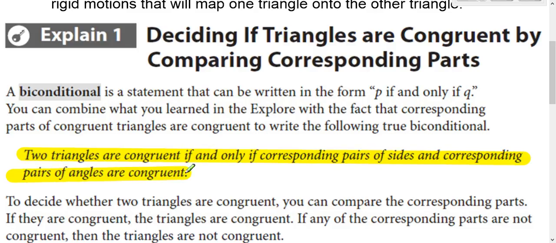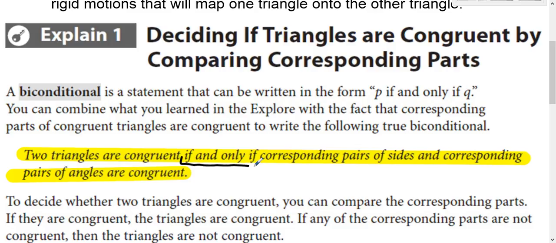Two triangles are congruent if and only if corresponding pairs of sides and corresponding pairs of angles are congruent. All three sides are congruent to all three sides of the other, and then all three angles are congruent to all three angles of the other triangle. That would mean all their measurements are the same. All their sides are the same. All the angles are the same.